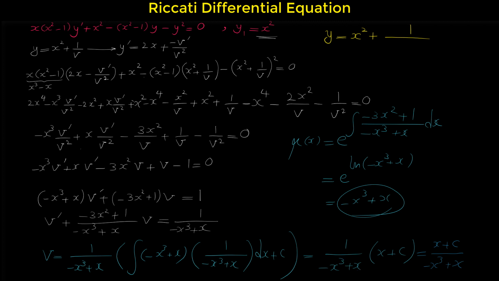And so 1 over this, because y equals x squared plus 1 over v, v equals this, and 1 over this is the reciprocal of this, which means that we have to change numerator with denominator. So we can write this as x squared plus negative x^3 plus x over x plus c. So this is the general solution of this complicated Riccati equation.